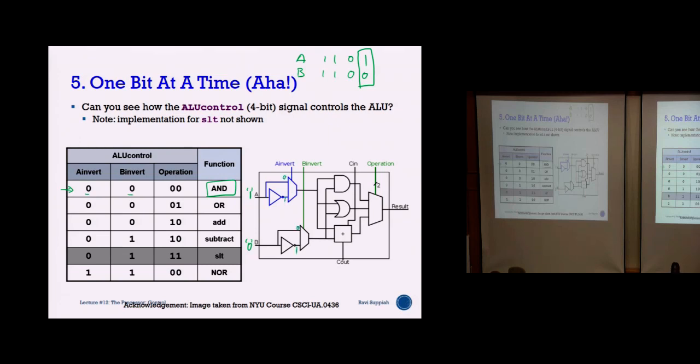This is a multiplexer input selector. So if A invert is 0, what will go through? If A invert is 0, your A will go through. If your B invert is also 0, then your B will go through.